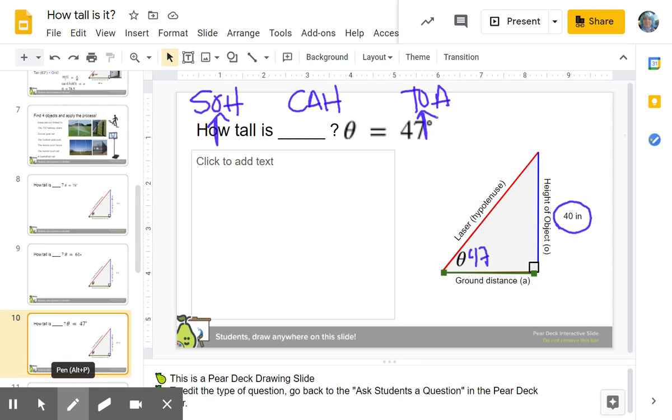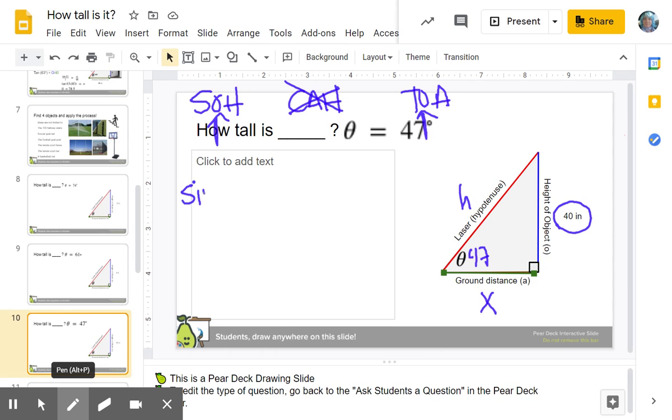Oh, me too. So we've got the O, so we're going to replace it in sine and tangent. Can we use cosine? No. We can't. We don't have the adjacent and we don't have the hypotenuse, so we can't use cosine. So we're just going to cross that out. You can only use what you can substitute in.